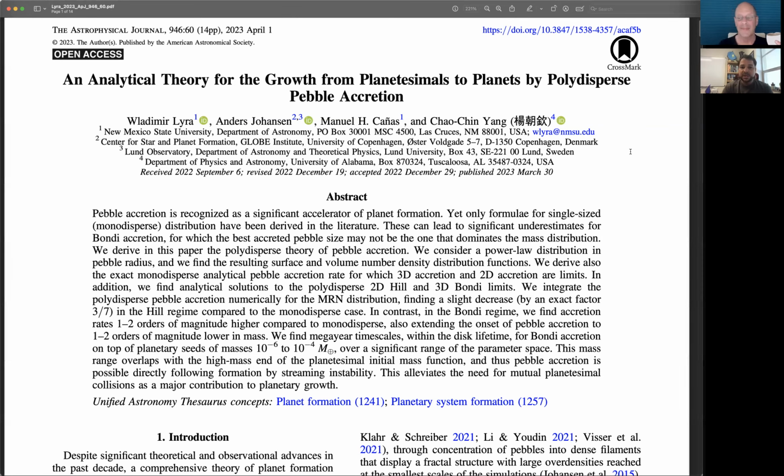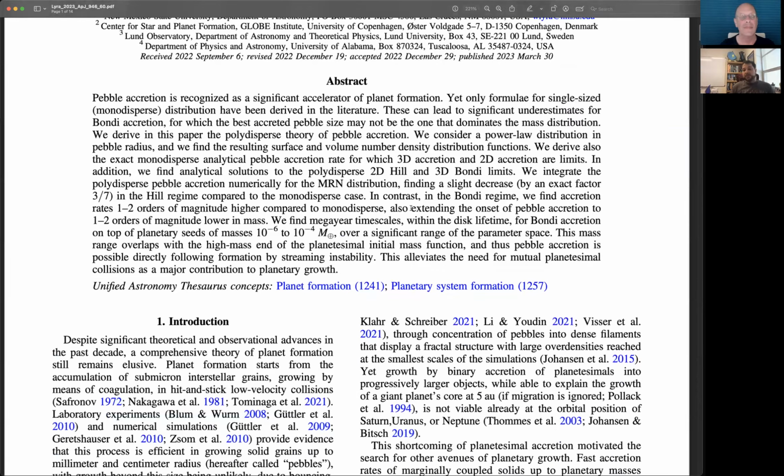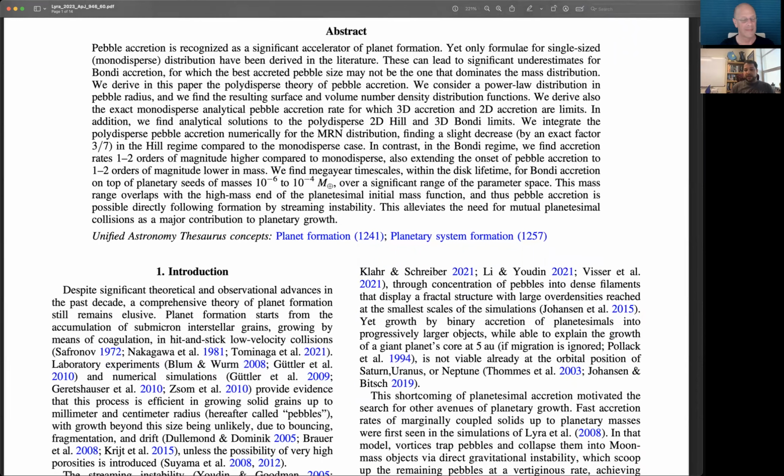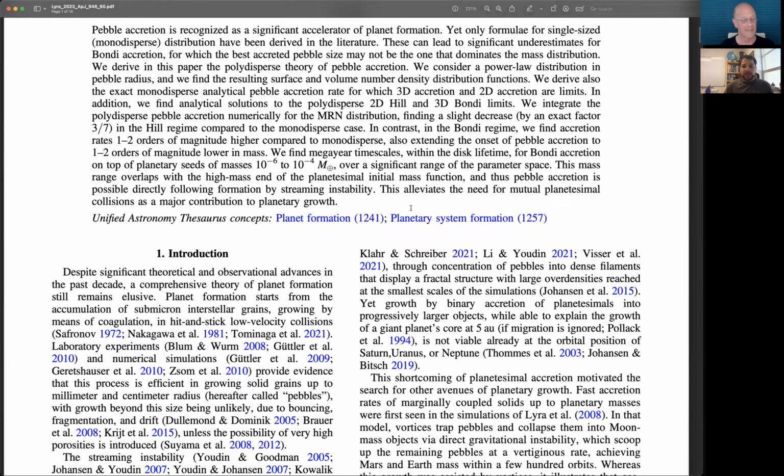So this is an interesting update on the theory of pebble accretion. It's a theory that we started working on some time ago, around the time that I was doing my PhD.